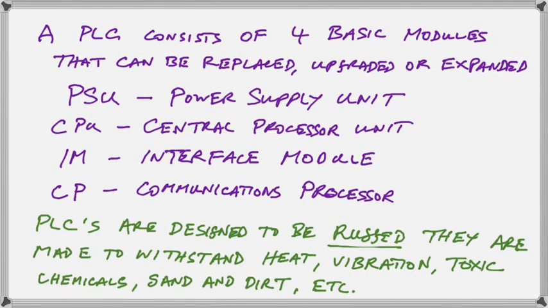So what essentially does a PLC consist of? It has 4 basic modules that can be replaced individually and can be configured for the specific purpose for which you want the PLC. First, there is the power supply unit. Then there is the central processor unit. Nothing unusual here.